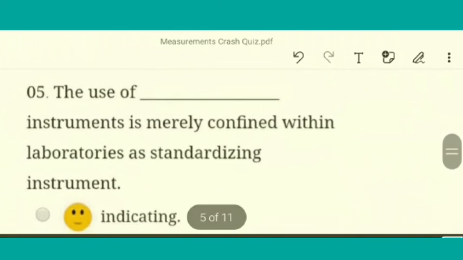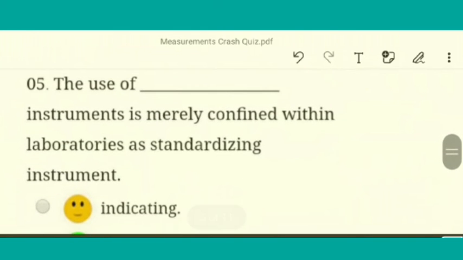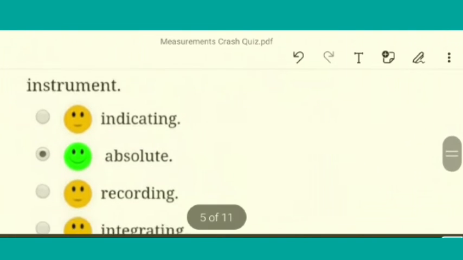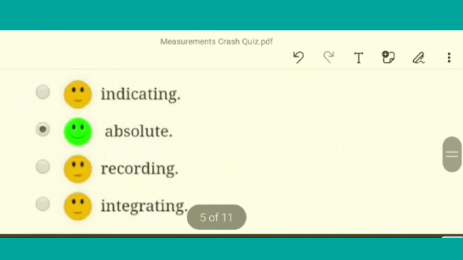Now moving towards our next question. Our next question is, the use of dash instrument is merely confined within laboratories as a standardizing instrument. It is asking which instrument is used in laboratories. The options are indicating, absolute, recording and integrating.